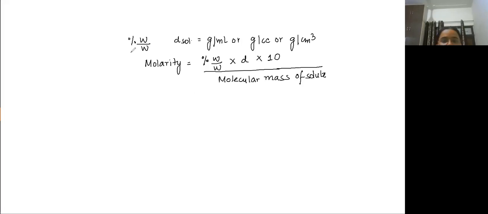Now it's your wish whether you want to learn this formula or not. If you know the concentration terms, then without the formula also you can solve the question.